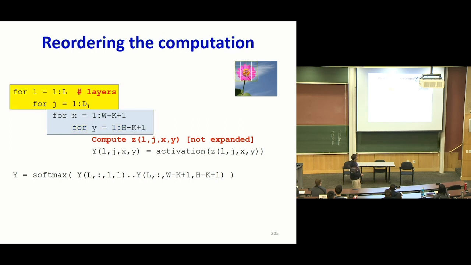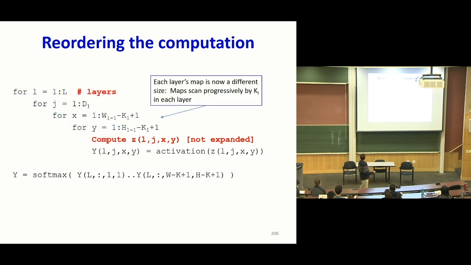So I can switch the order of these two blocks, and the computation still remains the same, right? And when I switch the order for these two blocks, what happens over here is that the size of the maps changes for each layer. Because the first one could be looking at, say, 9 by 9 in the image, the second one could be looking at 2 by 2 in the maps produced by the first layer, and so on.